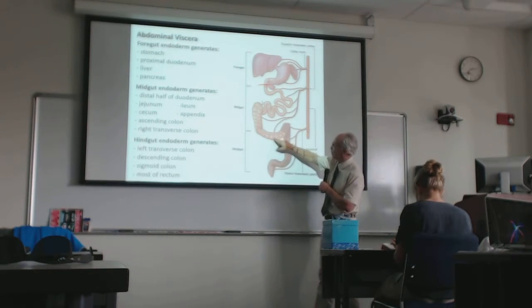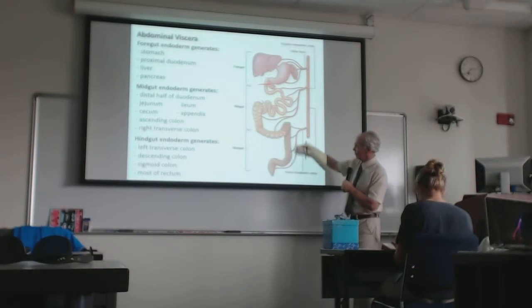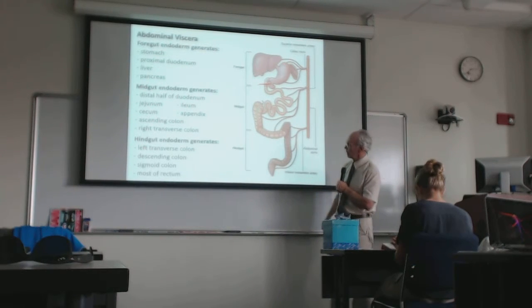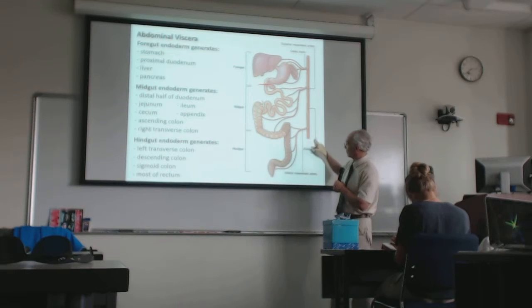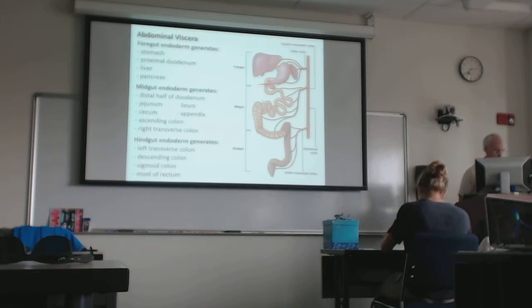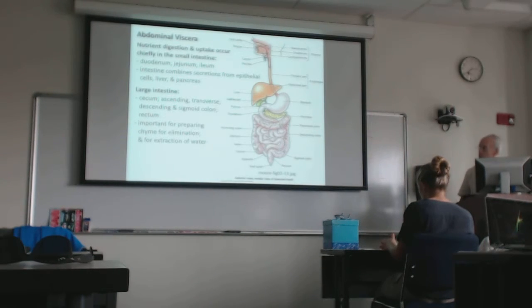So it could be anywhere from here back to here. And everything distal to that, that would be the descending colon, the sigmoid colon, the rectum, and the anal canal, would all be supplied by the inferior mesenteric artery. So I think this is very useful to organize your understanding of the blood supply to the viscera, especially the GI tract.